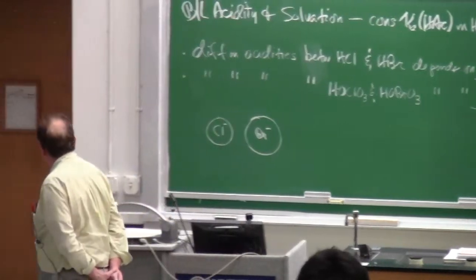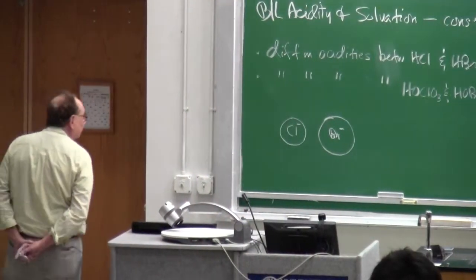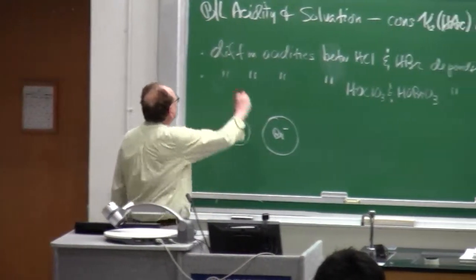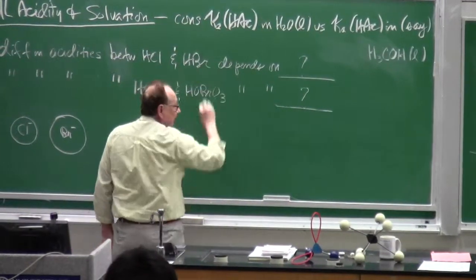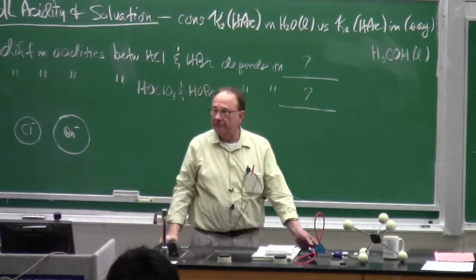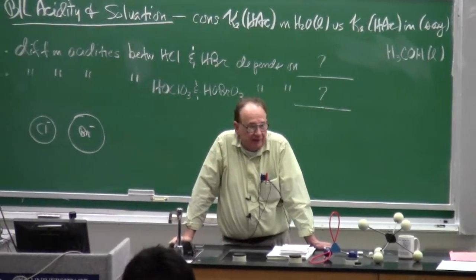But to illustrate, Ka acetic acid in water. Many of you probably have this number memorized, 1.8 times 10 to minus 5.